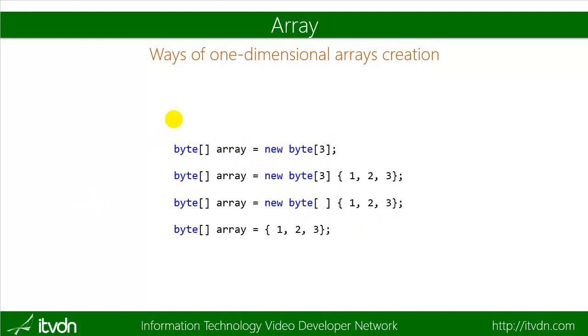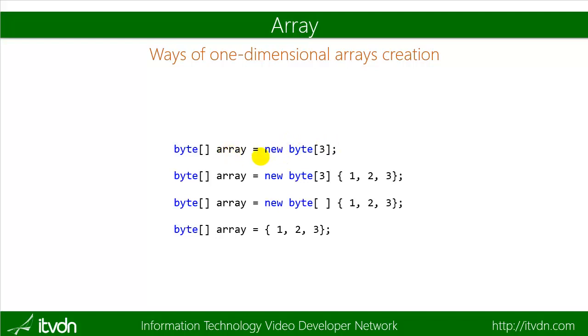Now let's look at these 4 ways of construction one by one and see their difference. You can see they are all of a byte type. They can all be of int type or short type. They all have this open and close square brackets, and they all have the same name, array. The difference is in the second part where you have your elements.